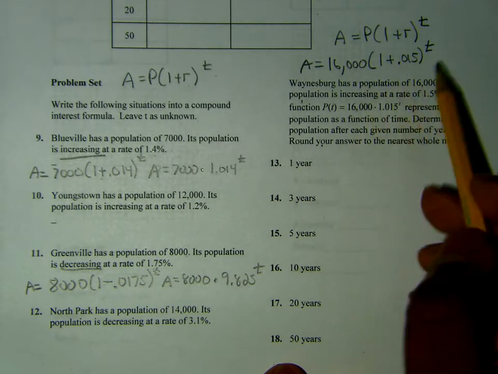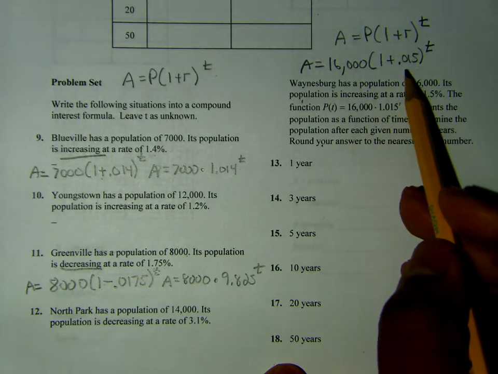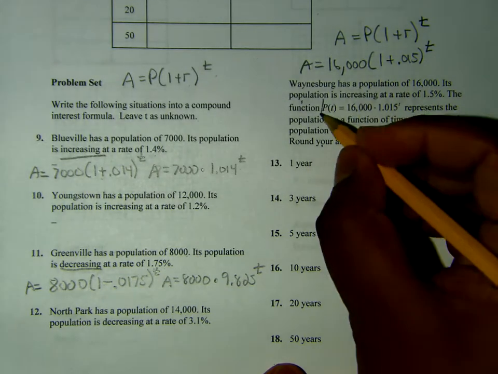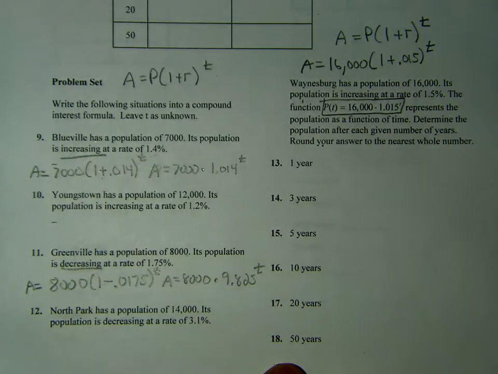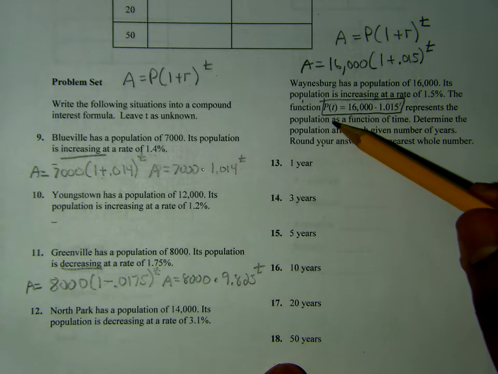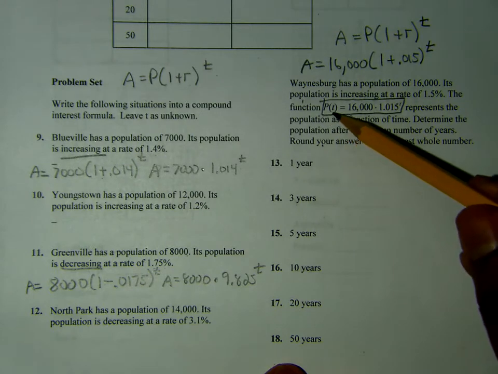When we convert this, or just add the 1 plus 0.015, you get the formula that's given here. It's just called function notation, and they put the population as a function of time right here.